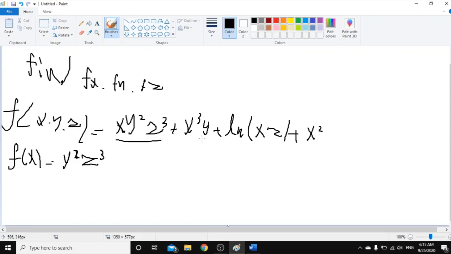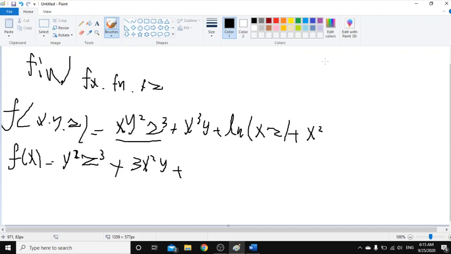Let's take this second part, plus the derivative of x cube is 3x square times y, plus the ln of x times z.